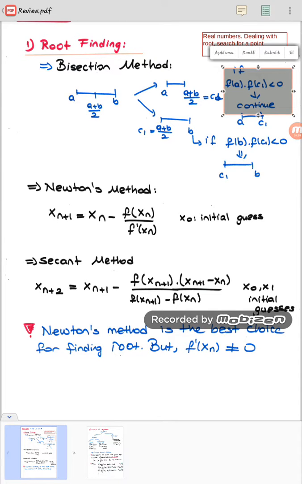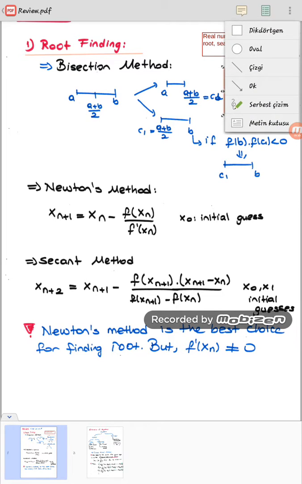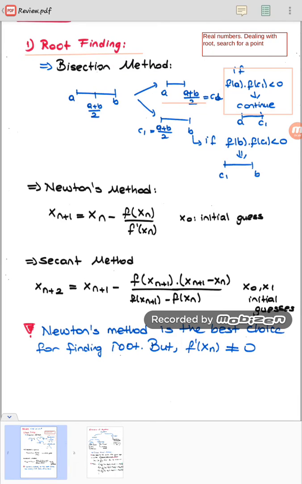If it is negative, you choose that interval, with c1 equal to (a+b)/2. If not, you check f(b) times f(c1), where c1 is the middle point of the previous approximation.